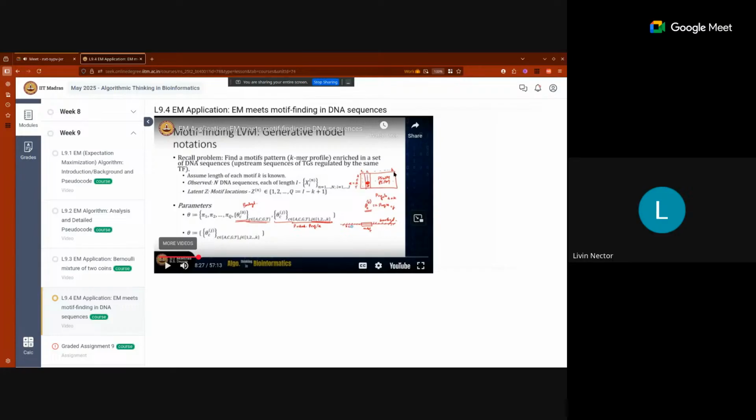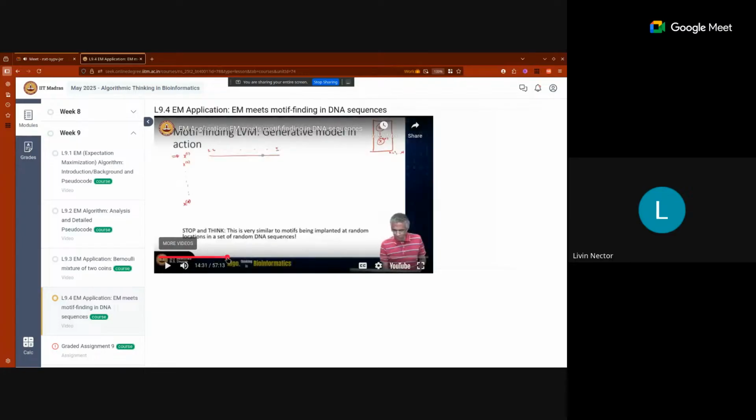So what is the probability that a sequence having this particular pattern is found? We use that table to find the probabilities. Those are the parameters. We don't know which position this particular table is binding in.